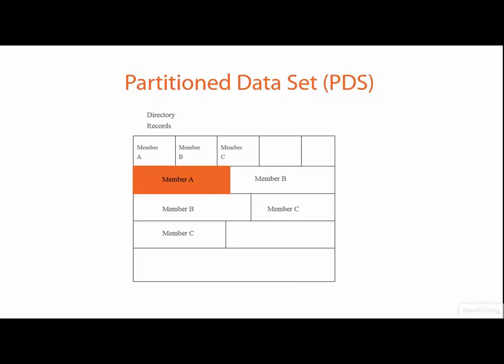In this example, we see member A is highlighted, and we will consider that we are editing or updating it in some fashion. When we save it, the following events occur. The existing space for the member is not reused. Instead, the member is written into an existing available space, and finally the directory is updated to reflect the new location.